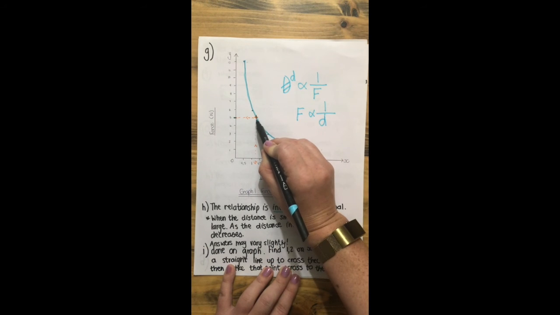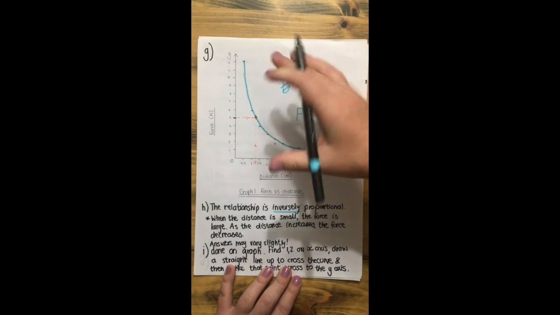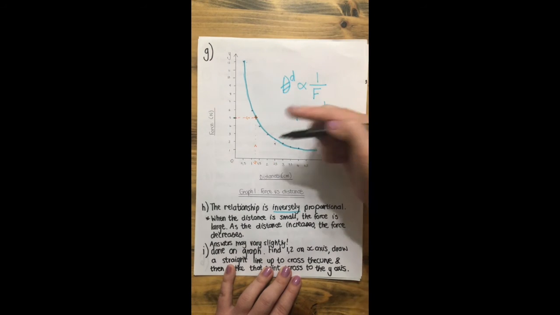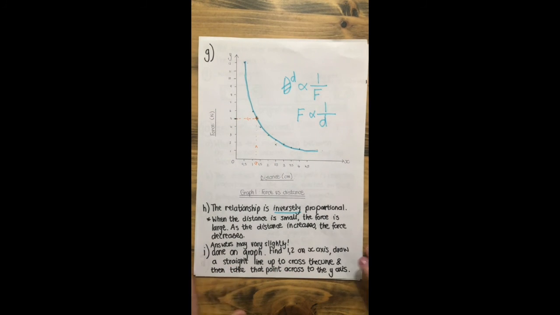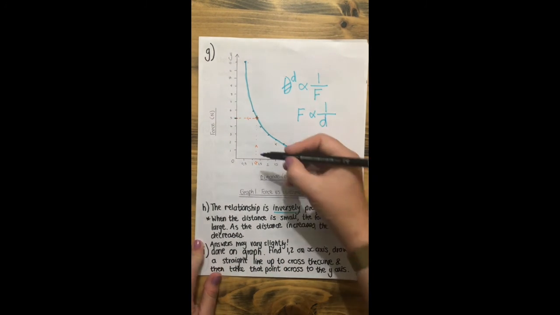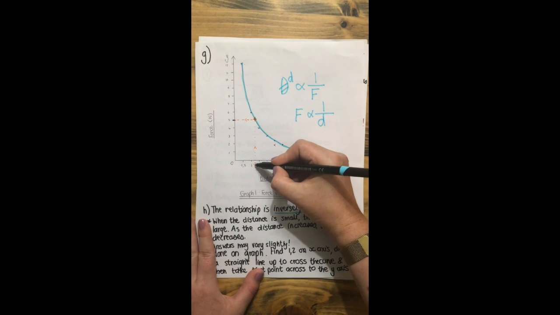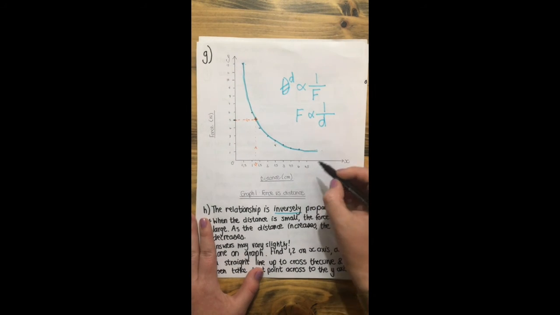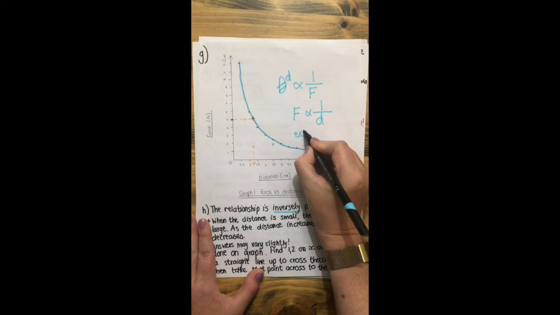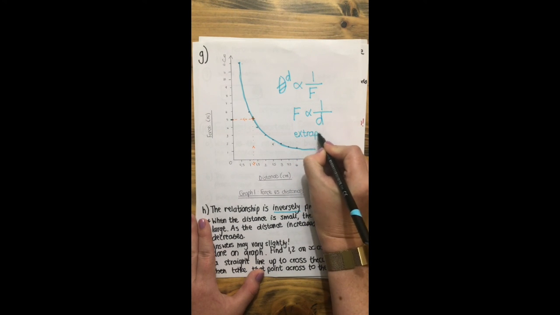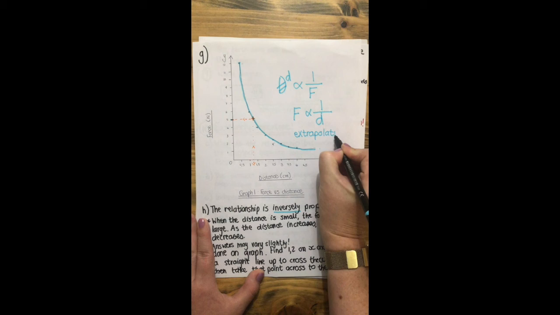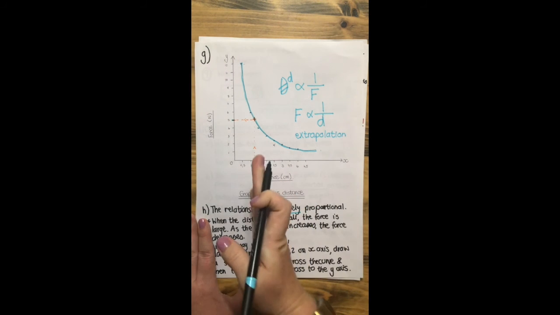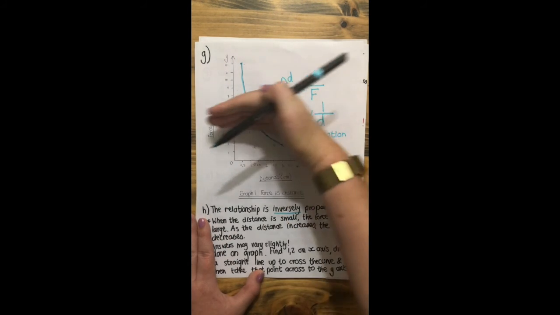If you feel it's 4.8 or 5.2, anywhere within 0.2 on either side of that point would be acceptable. That process of going from 1.2, reading it up and across, is called extrapolation. That is the process of reading a number up and across.